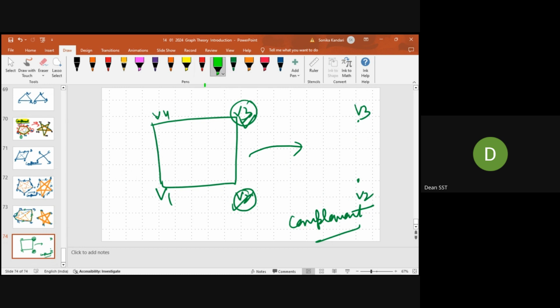But here V4 and V2 are non-adjacent, so we have to connect V4 and V2. We have to make them adjacent in the complement graph. Is it clear?